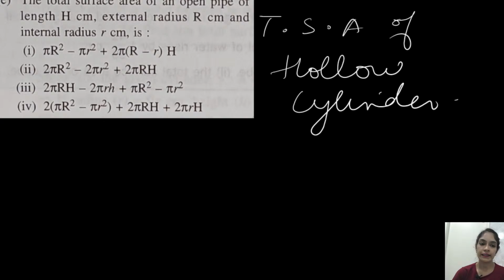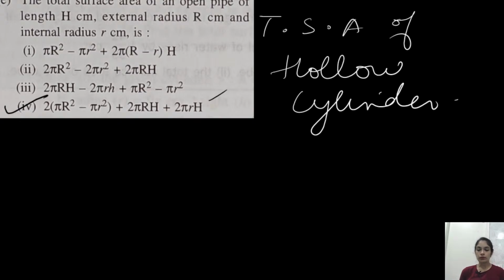Fourth option, yes. So this is just the formula. They have asked what is the formula of total surface area of the hollow cylinder. So the hollow cylinder's formula is 2 into pi R square minus pi r square, plus 2 pi R h plus 2 pi r H. Fourth option is the answer of this one.